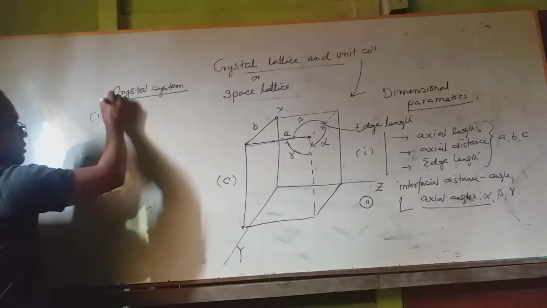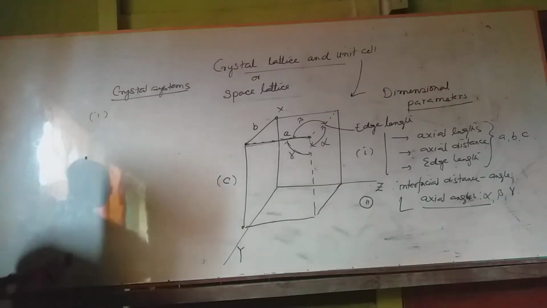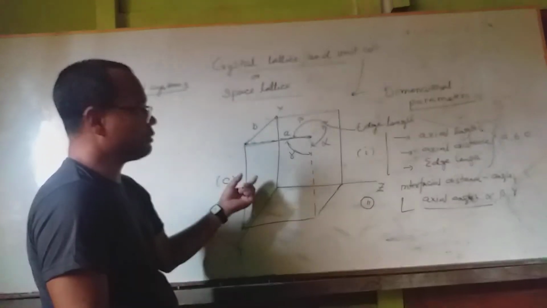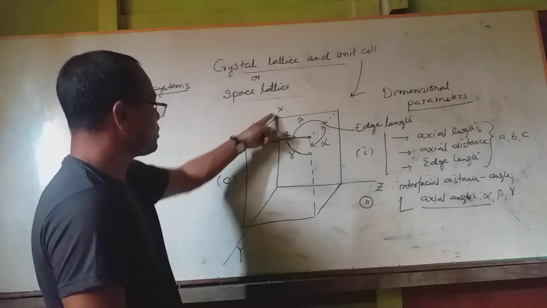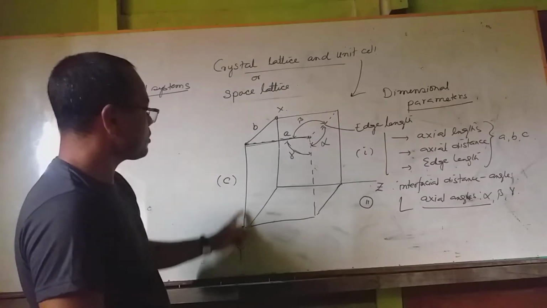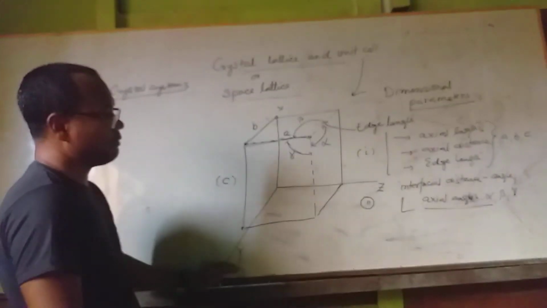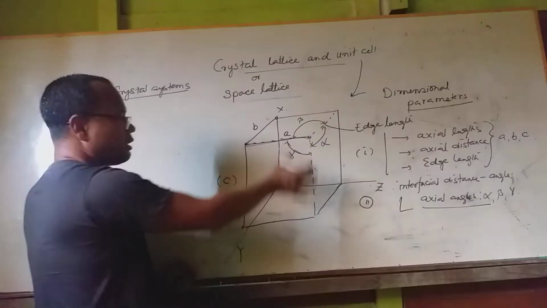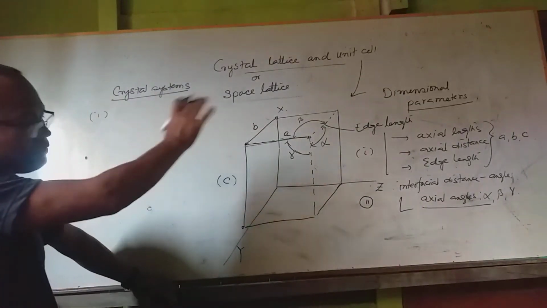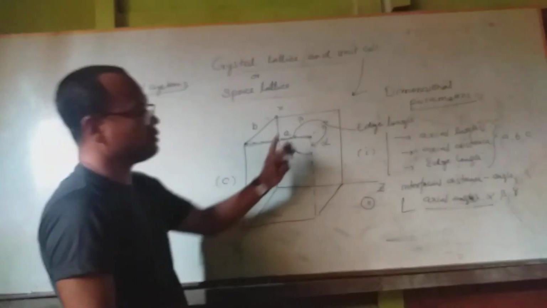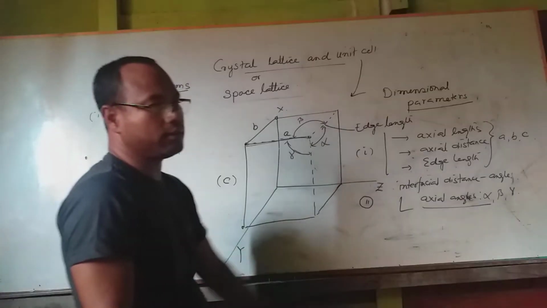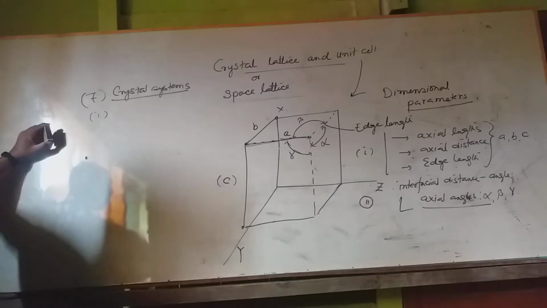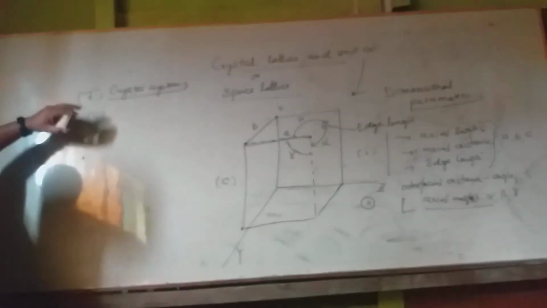These crystal systems are based on different dimensional parameters. That means when we change this length or this length, some are the same, some are different, and the axial angles, some are 90 degrees, some are not 90 degrees. When we have different axial lengths and axial angles, we find only 7 crystal systems. What are the 7 crystal systems?